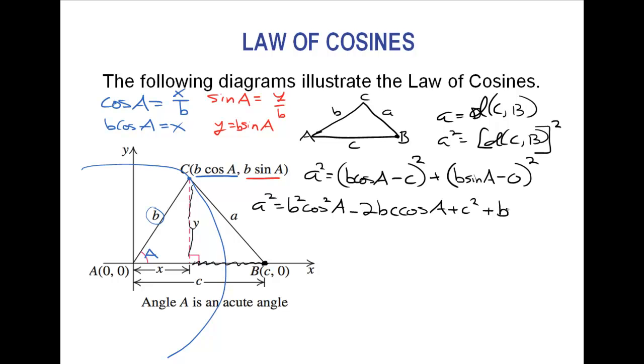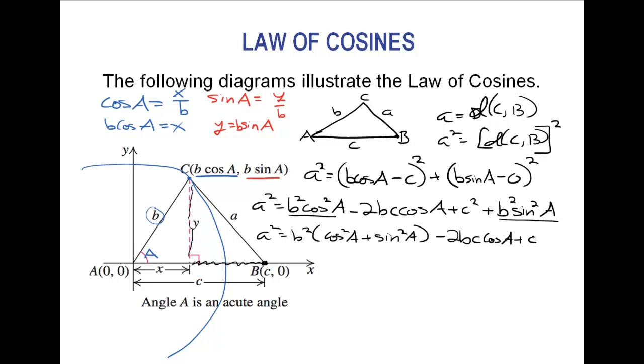So you just get plus b squared sine squared a. Now you'll notice that you have a b squared piece here and a b squared piece here, so we can combine those. B squared times cosine squared a plus sine squared a, minus 2bc cosine a plus c squared.